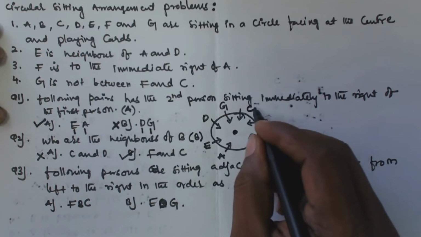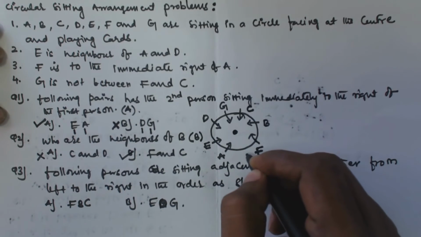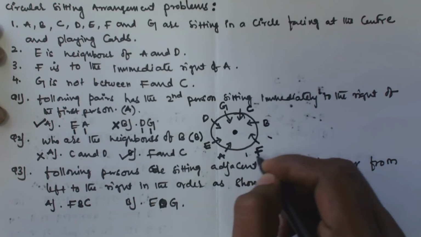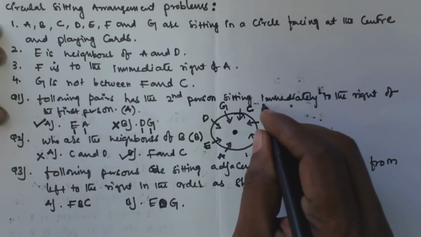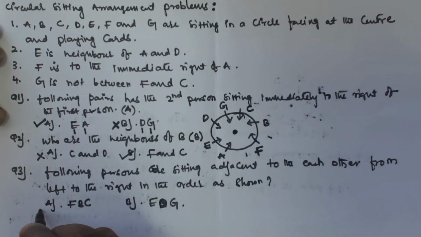F, B, C, right? F's left side is here, right side is here, and we are moving from left to right: F, B, C. So this one is actually in left to right order. So this is the right answer.